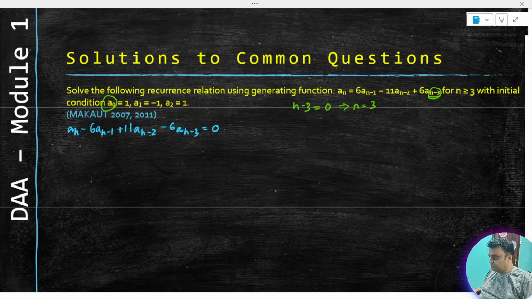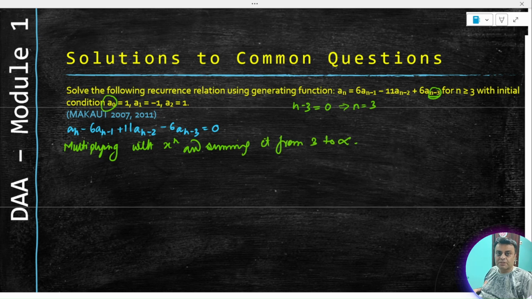Now if we start solving this, we'll multiply left and right side with x to the power of n and sum it from 3 to infinity. What do we get?